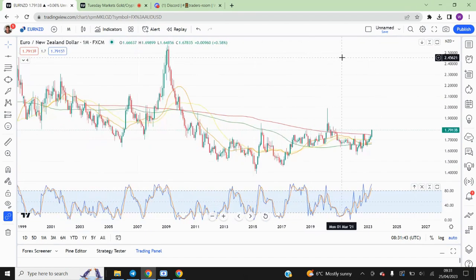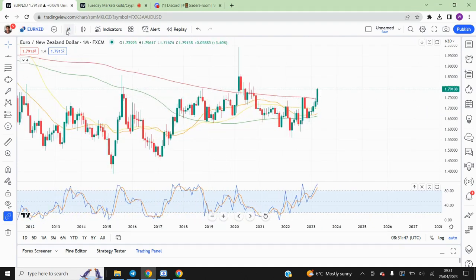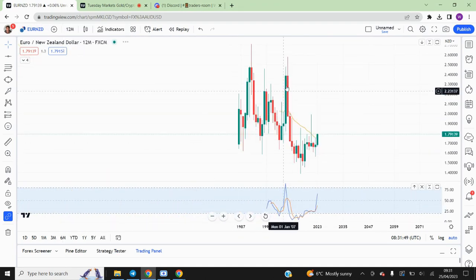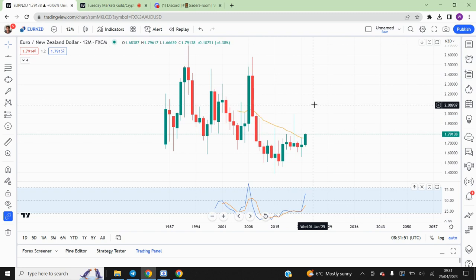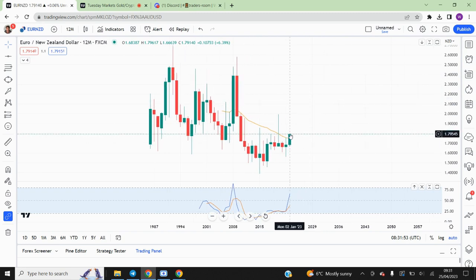So Euro New Zealand on the monthly. So I would actually start this off on the 12 monthly. Reason being is because when you're coming up now, yes, you had a flash move in 2020 because of COVID, but really, if you go before that, you're only really come to 2015. It's a very long time.